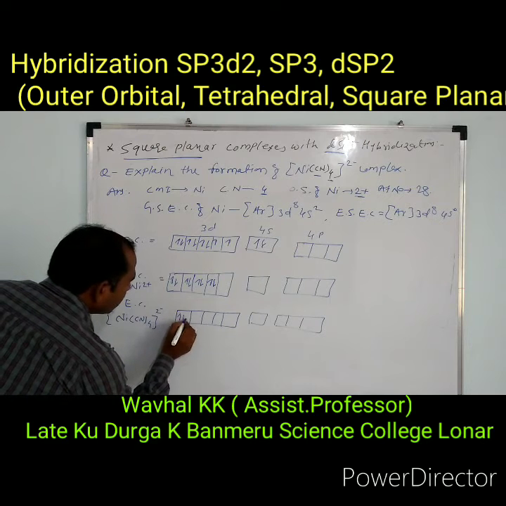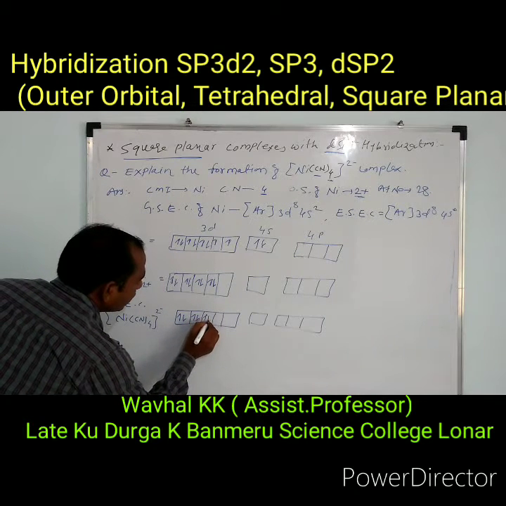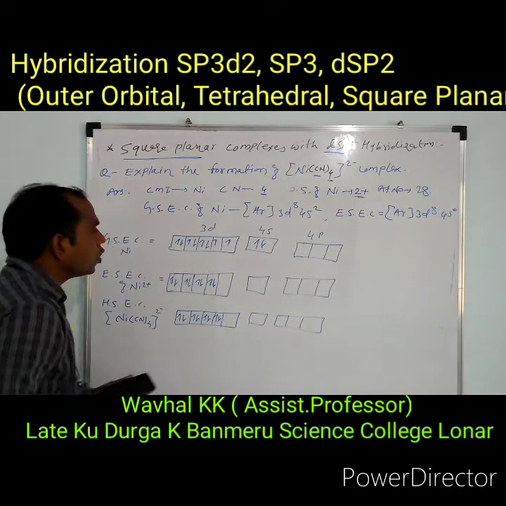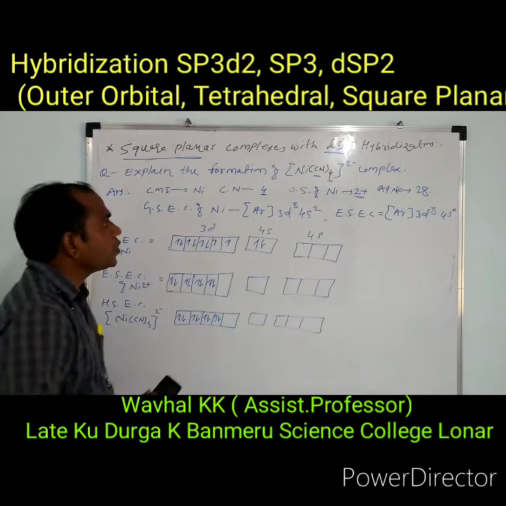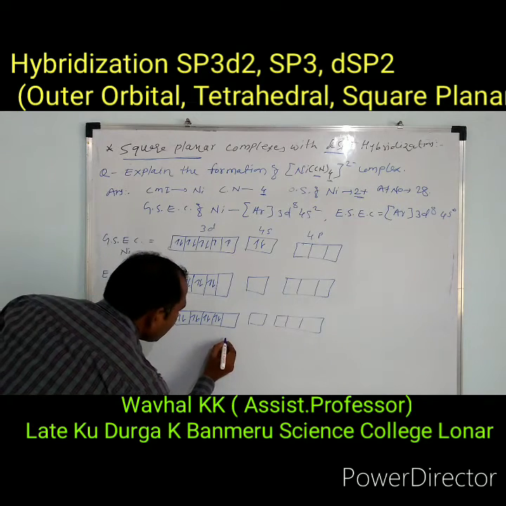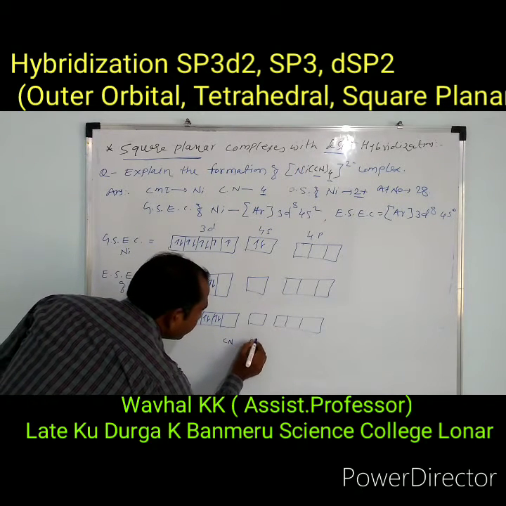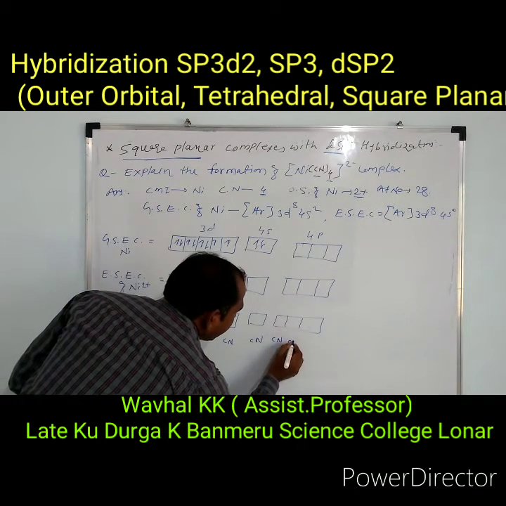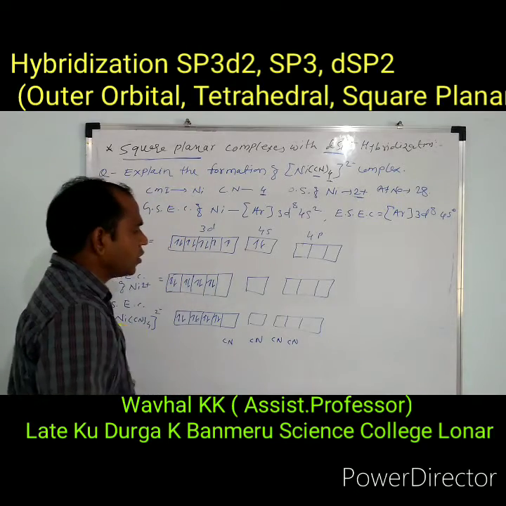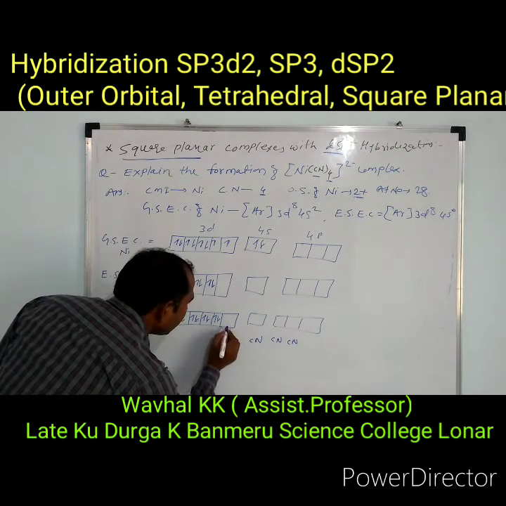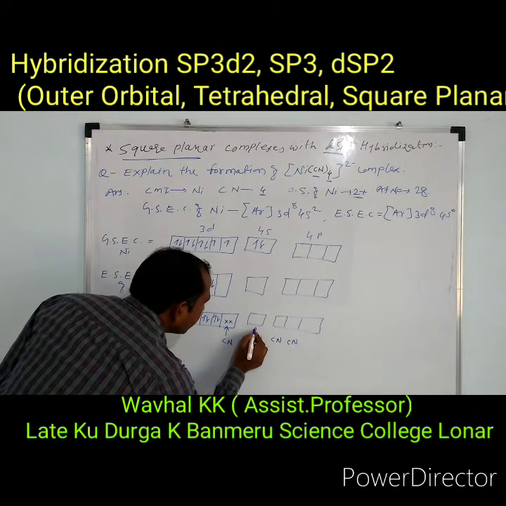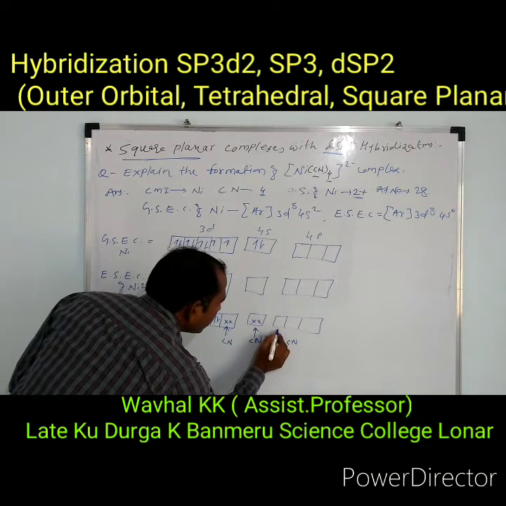The pairing of electrons takes place in this way. All the electrons are paired up. One of the d orbitals is vacant for bonding formation, and the 4 CN ligands come close together and donate the electron pair in this way.